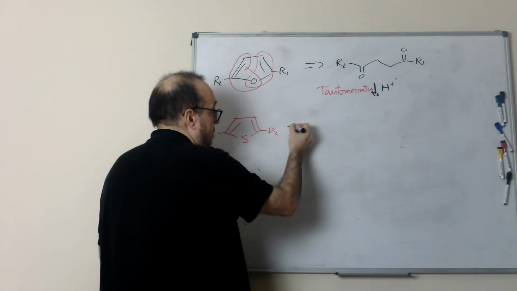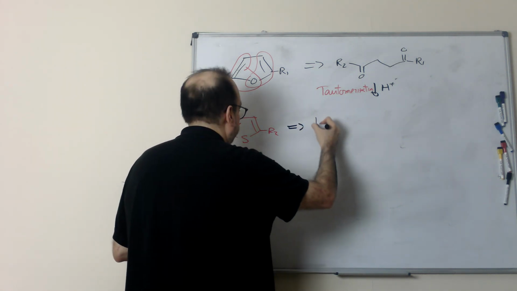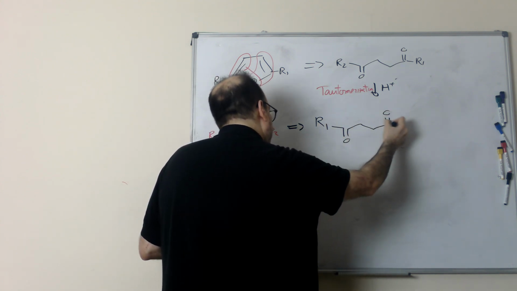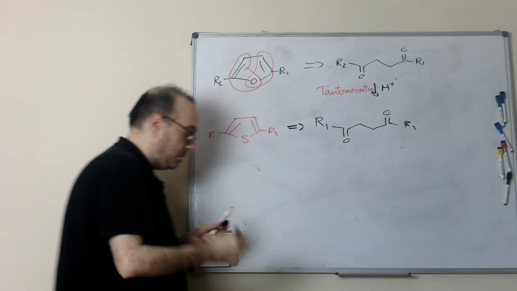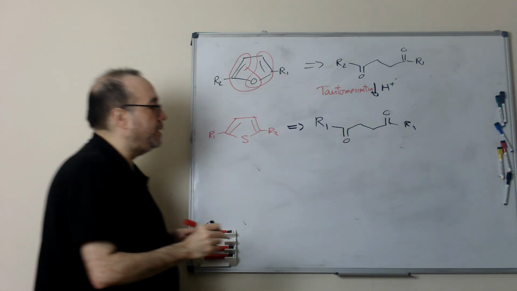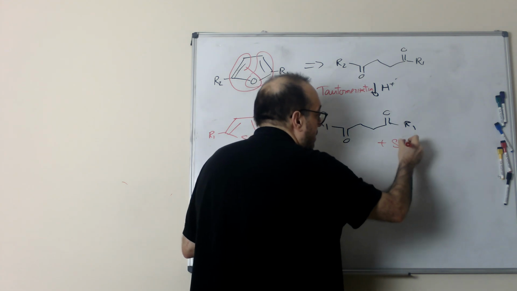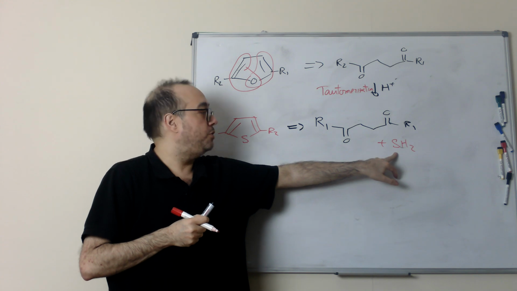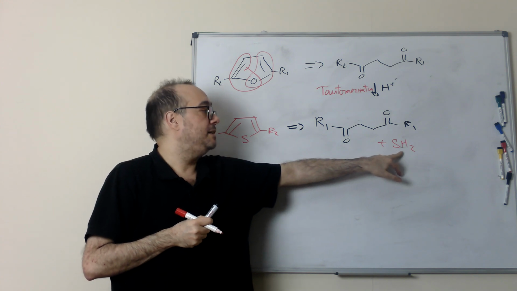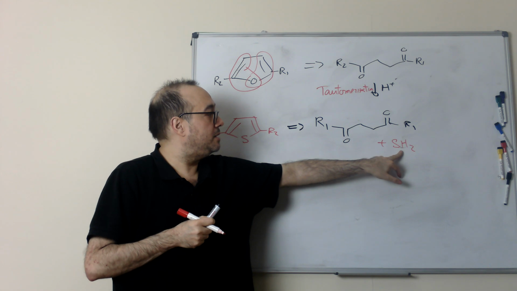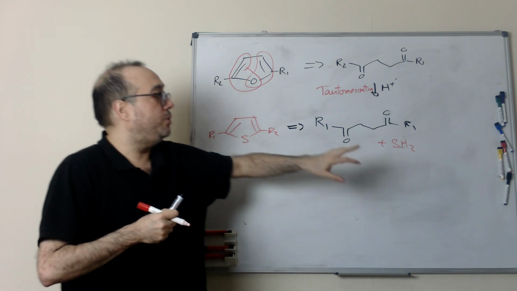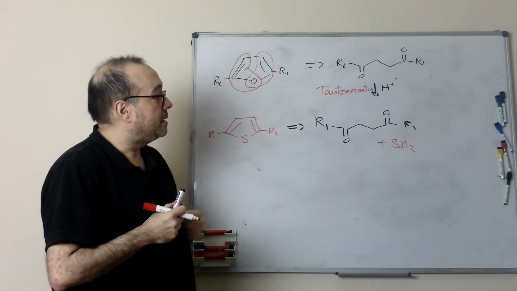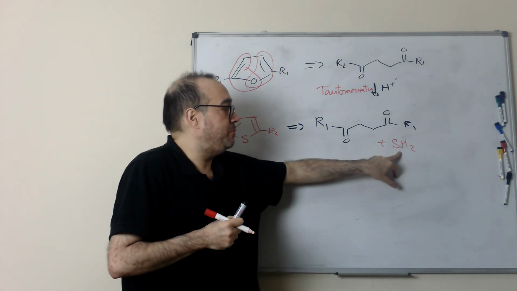One is basically we will start with the same 1,4-dicarbonyl compound, and we add hydrosulfuric acid, and we follow exactly the same that we did with the amine, only substituting the amine for this thio compound.